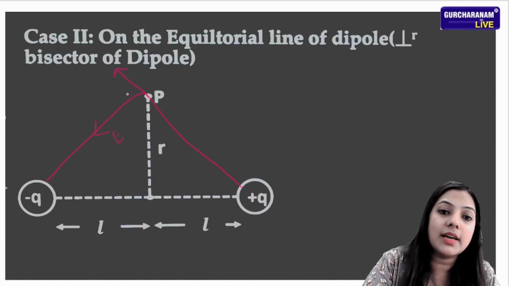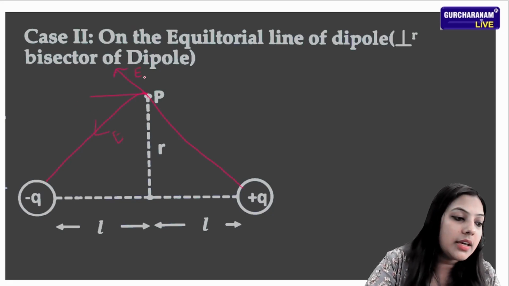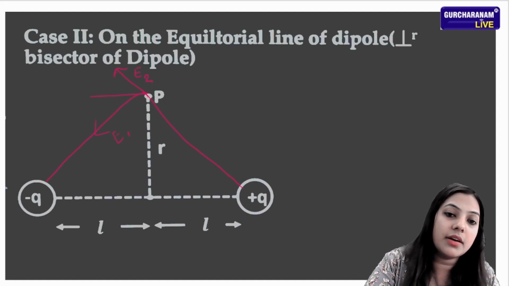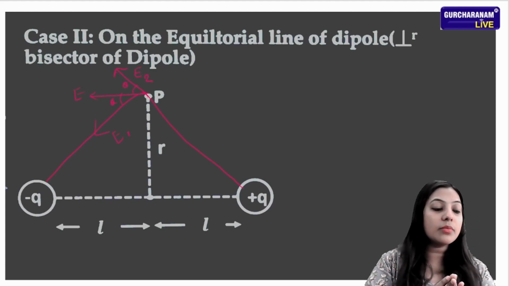So we have to find the net electric field between them. This is E1, this is E2, and we have to find E net. The angle between them is theta. Okay, understand what I'm doing?